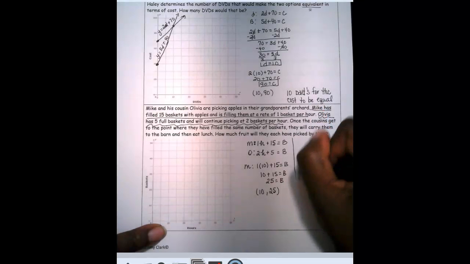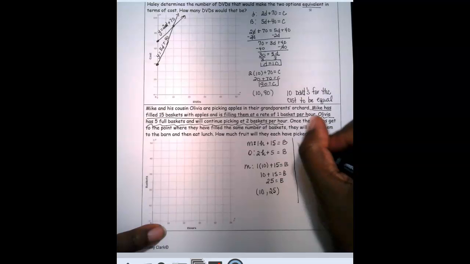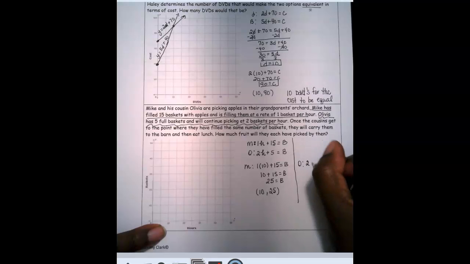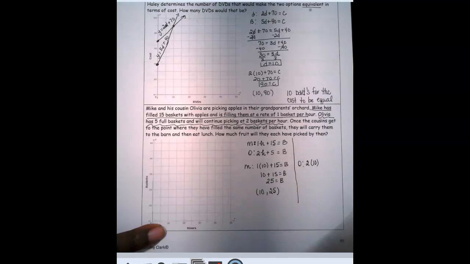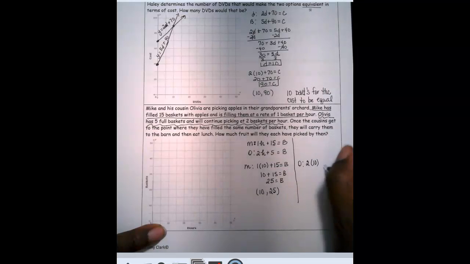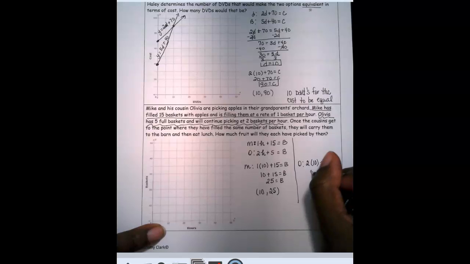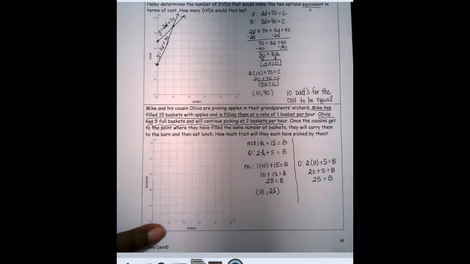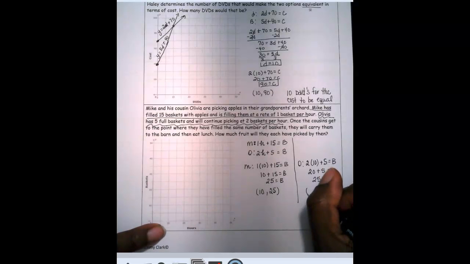Now I'm going to come over here and do the same thing for Olivia. So Olivia, she is doing 2, and I'm also going to use the same input, 10 hours plus 5 gives her how many baskets she's going to collect. So we have 2 times 10 is 20, plus 5 is equal to the number of baskets she picks total. So she's also picking 25 baskets, and that's what we wanted.